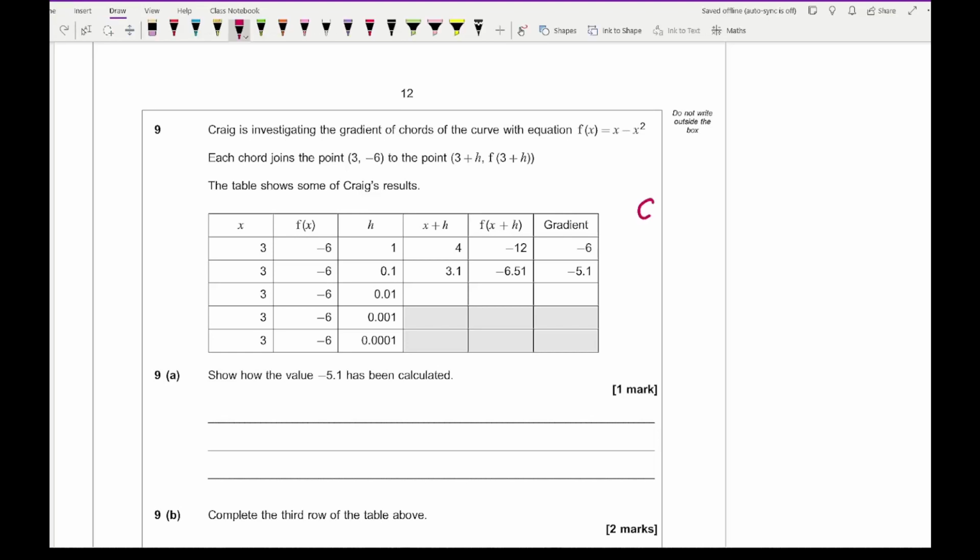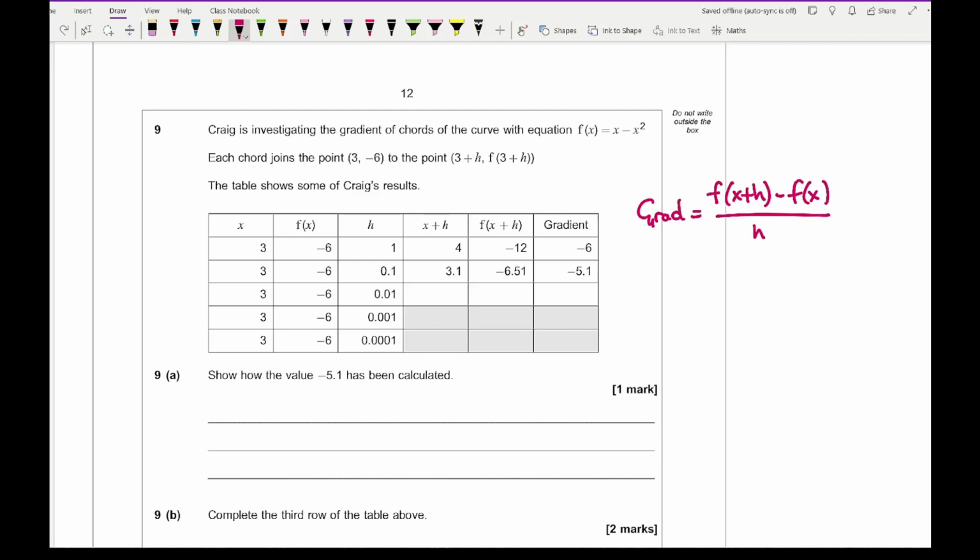Well, in terms of the gradient, how the gradient is calculated is by doing f of x plus h minus f of x all over h.